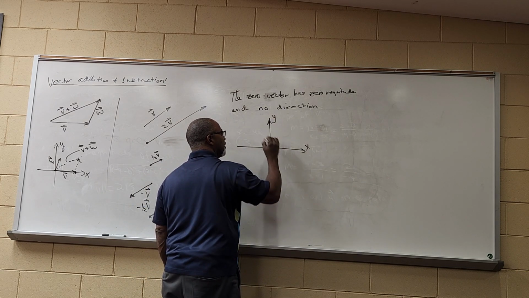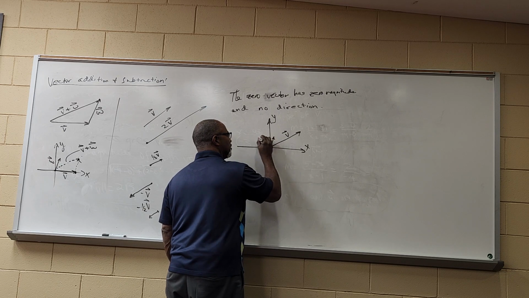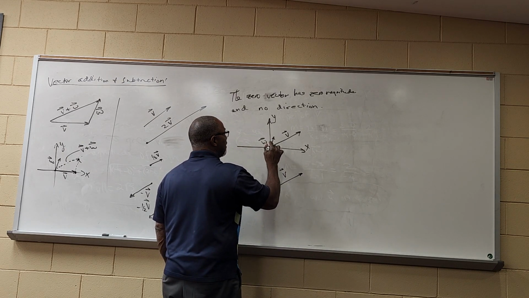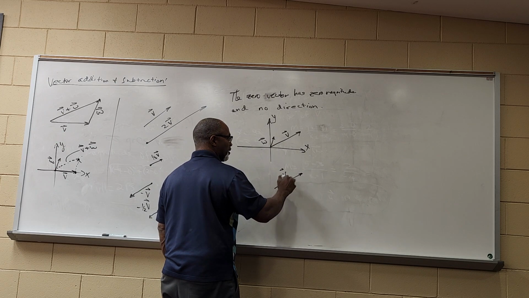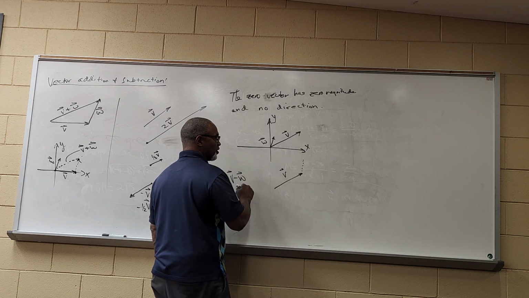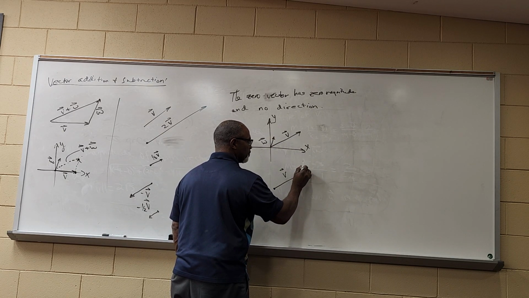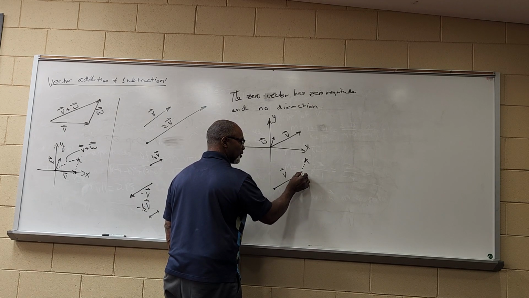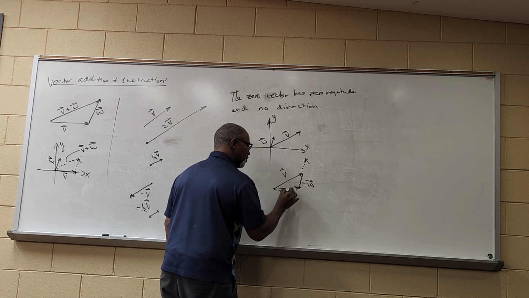Again, let's suppose we have an XY coordinate system, some vector V, and some vector W. This time we want to do V minus W. I learned that for V plus W, I would have taken W and drawn it up here, and that would be V plus W. But since I'm doing V minus W, I'm still going to take V, same length, same direction, and then W would normally be up here, but I've got minus W. So since it's minus W, I'm going to come in the opposite direction. And there would be V minus W.